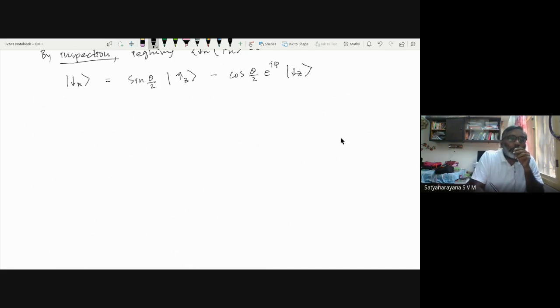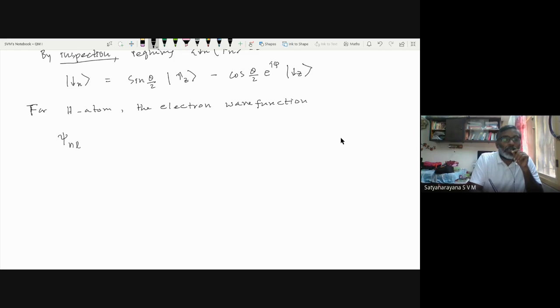Suppose you have a particle, for example, in hydrogen atom, the electron wave function is written in the following fashion, right?